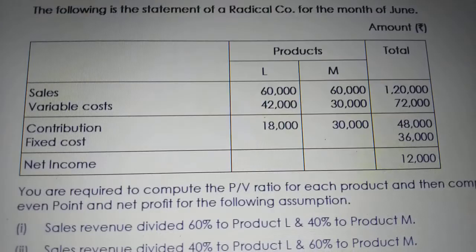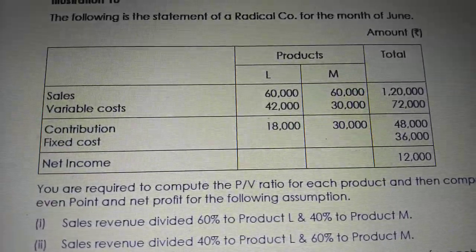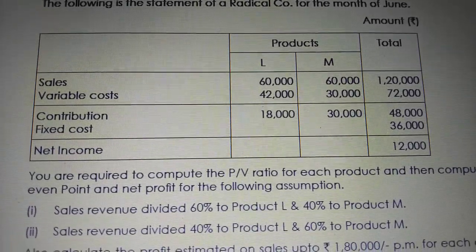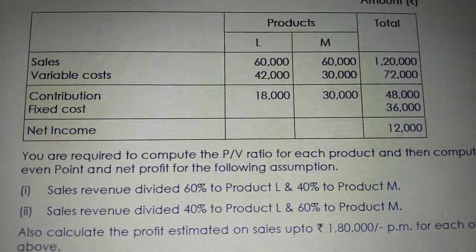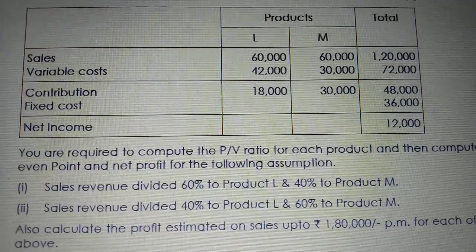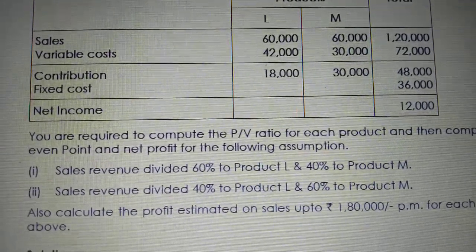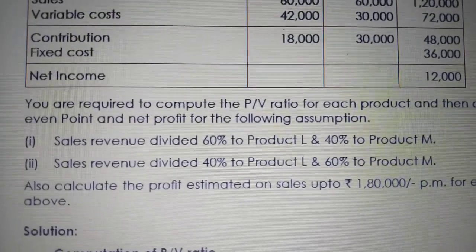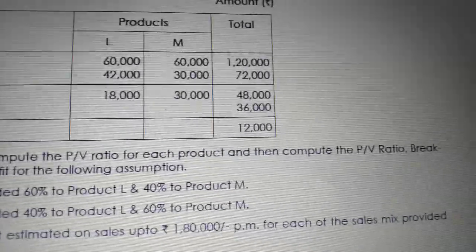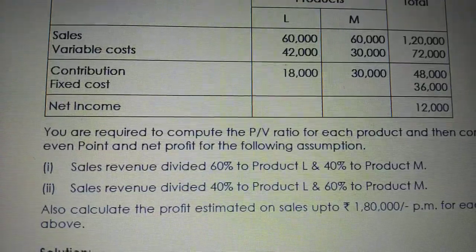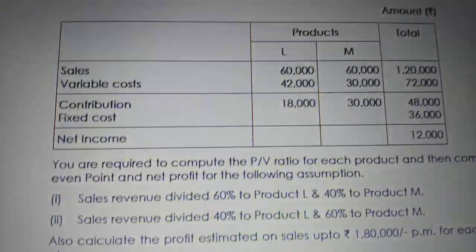This whole information is for only 1 month. With this understanding, we have to work out the answer by applying 60-40 and 40-60. That is the ultimate objective: calculate the PV ratio, the break-even point, and the net profit.